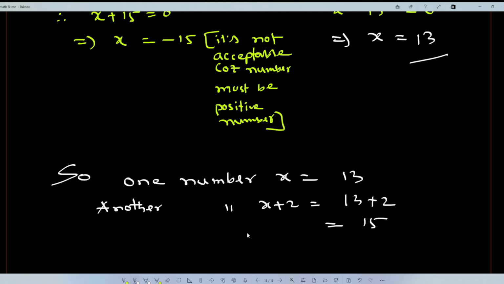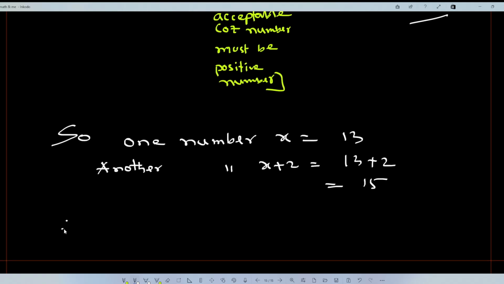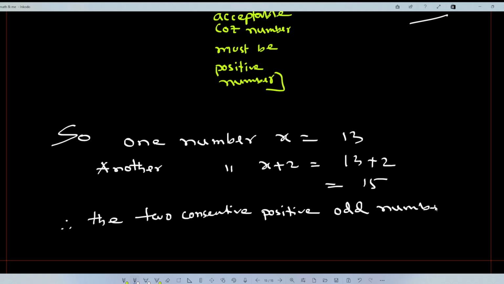Okay, the two consecutive positive odd numbers are what? So we can write the two consecutive positive odd numbers are 13 and 15.